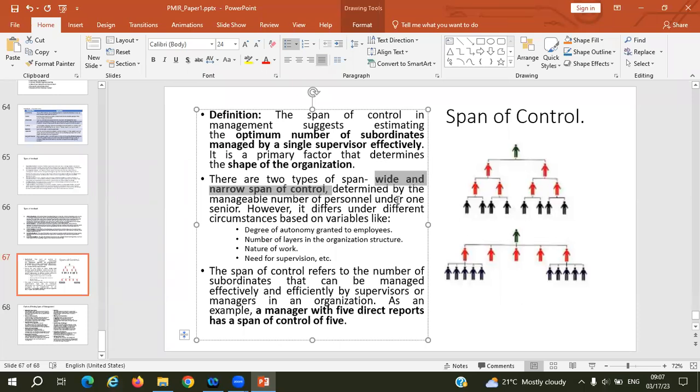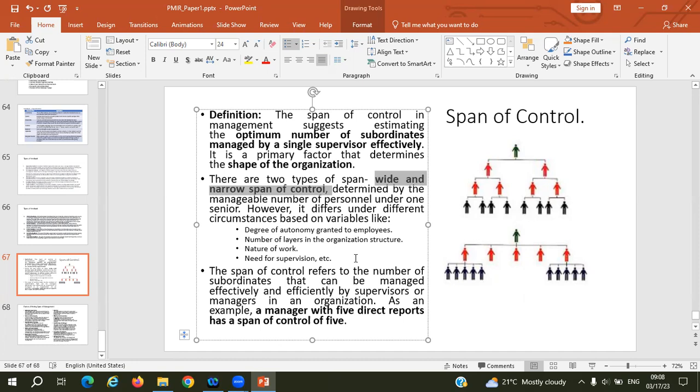Based on that, one organization may have wide span of control or narrow control. So these are the different situations and circumstances based on different factors. The span of control is defined by degree of autonomy, number of layers, nature of work, need of supervision.